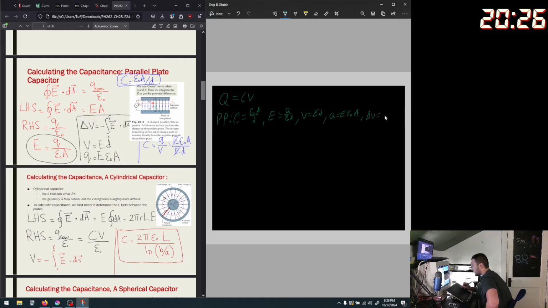Delta V equals negative integral from initial to final of E dot ds. Why not? Okay.